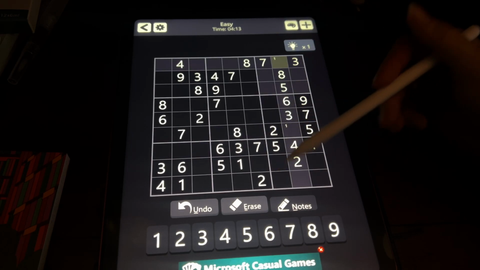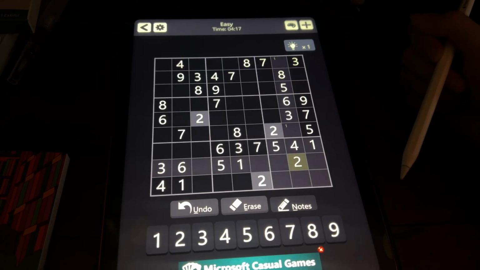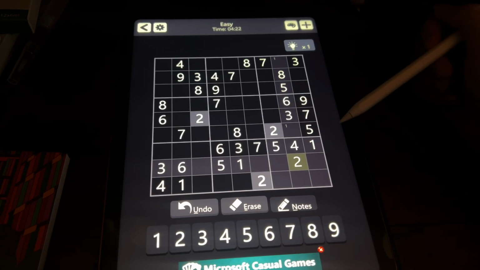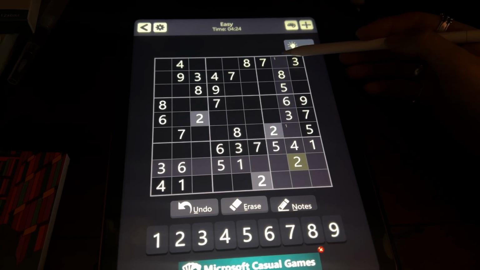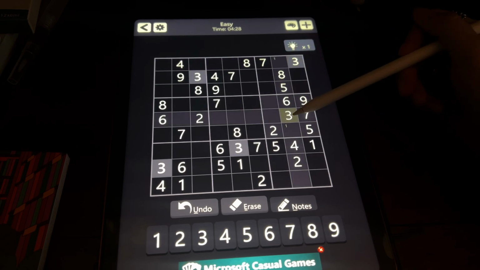So I use the note feature to write that down. There's a 2 already, but this row needs a 3, and given that there's already a 3 in this box here, and there's a 3 here in this box. No, never mind.